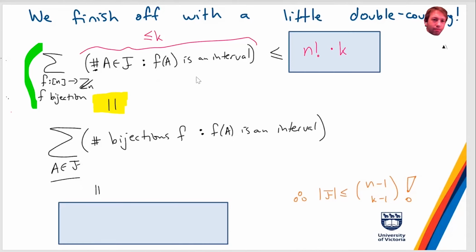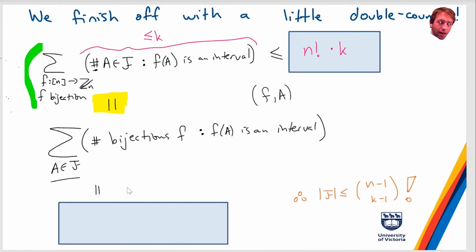Is this clear? It's like changing the order of summation, although I haven't written a double sum. Both count pairs (f, a), where f is a bijection and a is a set, such that f of a is an interval. You could count that by summing over the f's and counting how many a's they correspond to, or summing over the a's and counting how many f's they link up with.